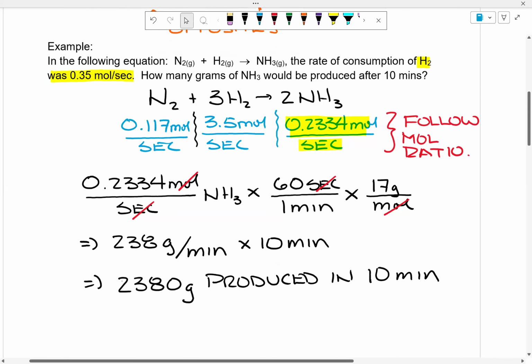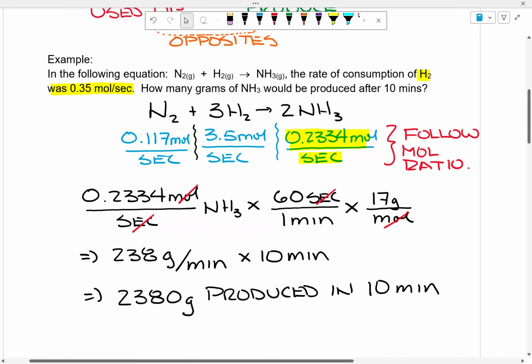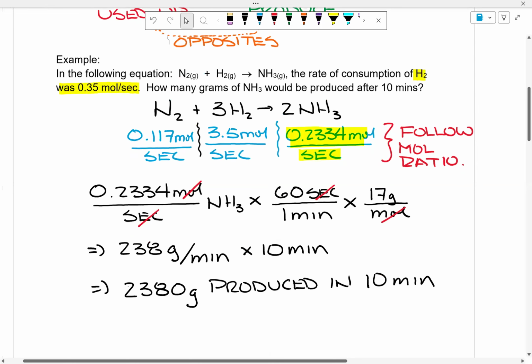So in this particular case, you not only had to follow the mole ratio to figure out the 0.234 moles per second was produced, you had to change that into grams per minute, and then you multiply it by the 10 minutes to give you the mass produced in 10 minutes. Okay, hopefully this is pretty straightforward.